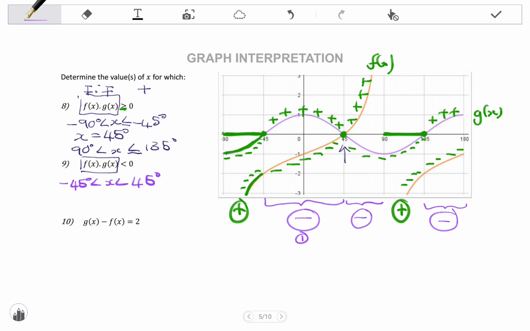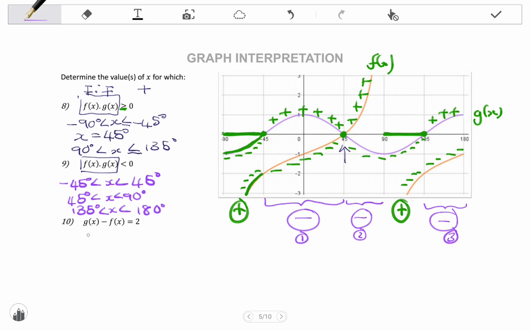X lies between them, and we don't include those because at those points, the product would be 0. Then the second part runs from 45 degrees to 90 degrees. We don't include them because 90 is an asymptote, and at 45 the product would be 0. Then our third part is from 135 degrees to 180 degrees, and we don't include those either.